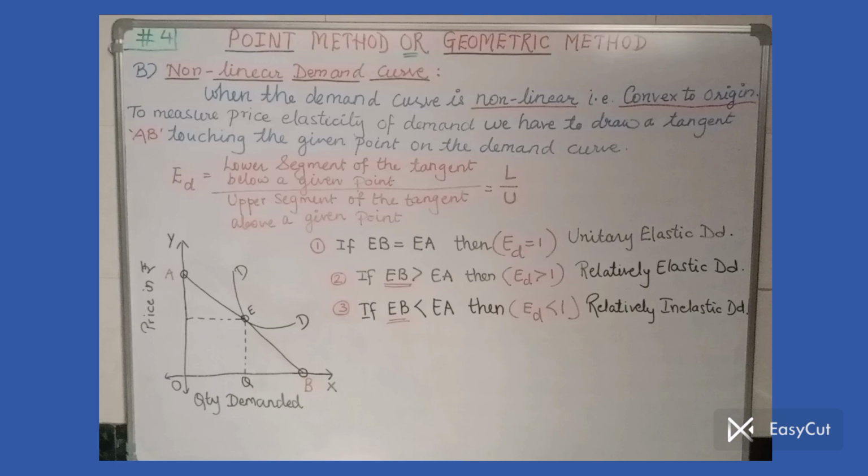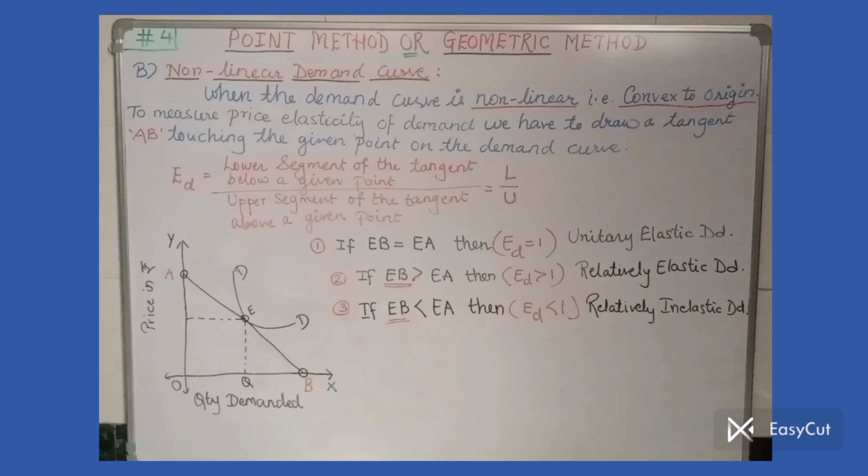Now in this case, whenever we want to measure the price elasticity of demand on the non-linear or curvature demand curve, we will use the same simple formula, that is L upon U, lower segment upon the upper segment. And here also we will make the same arrangement in the diagram. We'll make the same extension to the demand curve.